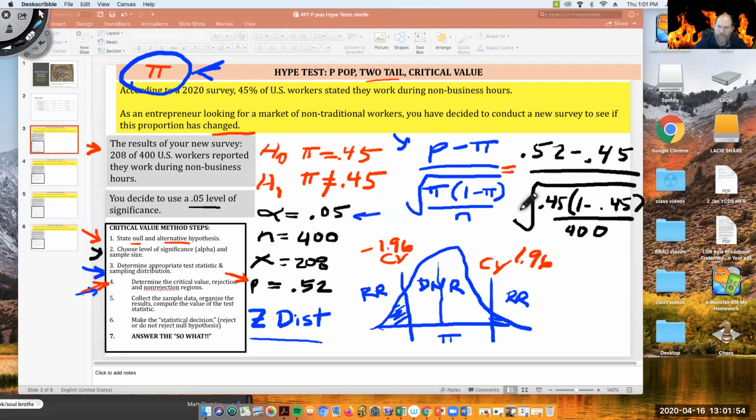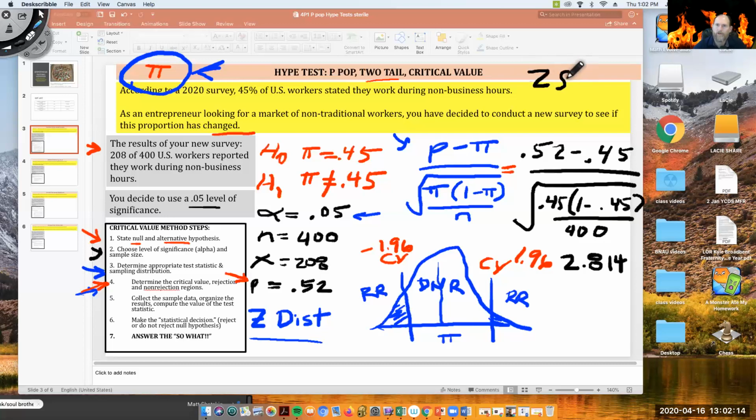Once we do all this, consult with the calculator, we get a z-score of 2.814. We can also call this a z-stat, okay?